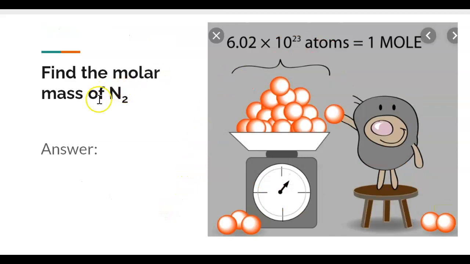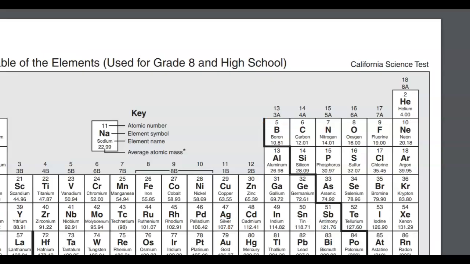So now let's try another one. So here I have 6.02 times 10 to the 23rd atoms of N2. Now, where you can find the molar mass is actually on your periodic table. You may have noticed that on the periodic table, we have carbon with what we call an atomic mass.